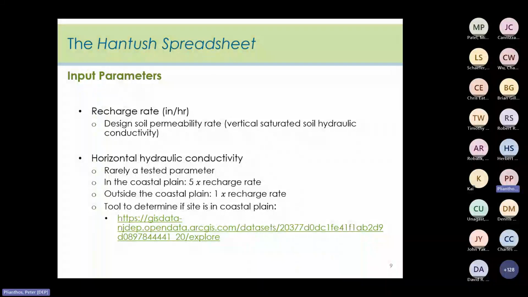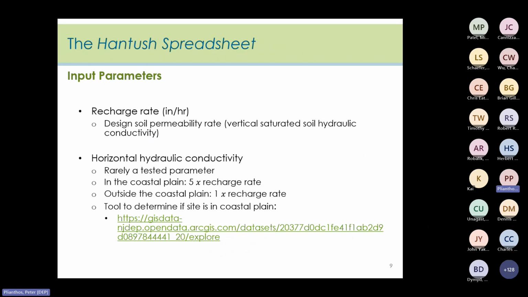The second input is the horizontal hydraulic conductivity, which is rarely tested on the scale of a single site just for the purpose of conducting a groundwater mounding analysis. Therefore, you will need to use presumptive values based on the site's location.